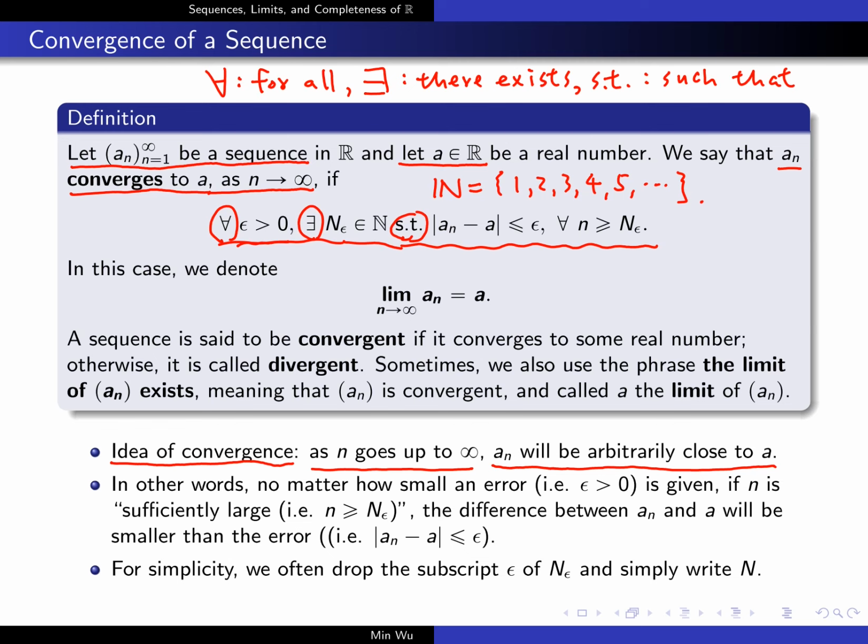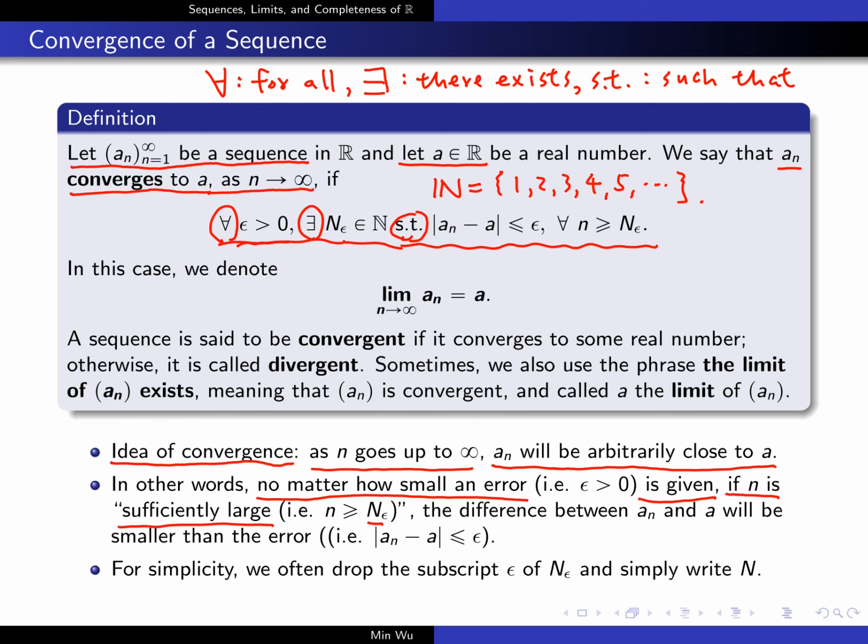Let us interpret this idea in other words. No matter how small an error is given, so given an arbitrary error, there should be a sufficient index. The sufficient index is the N epsilon. If n is sufficiently large, it means that there is a sufficient index such that if n is greater than this sufficient index, then it's called sufficiently large.